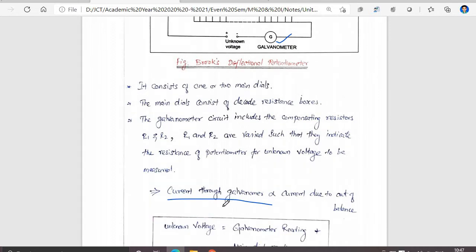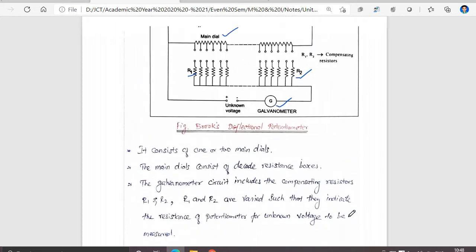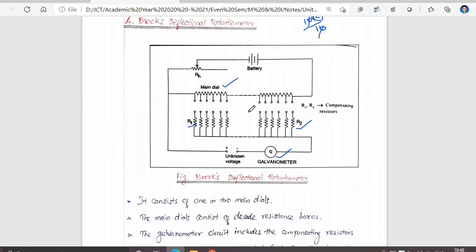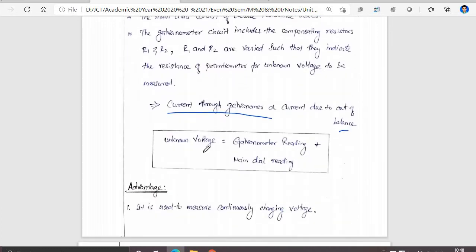The current flowing through the galvanometer is directly proportional to the current due to out of balance. Whenever the circuit is out of balance, some amount of current will flow through the galvanometer. So the unknown voltage is equivalent to the galvanometer reading times the main dial reading.